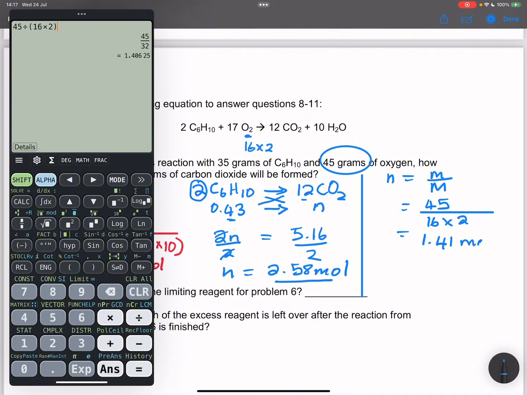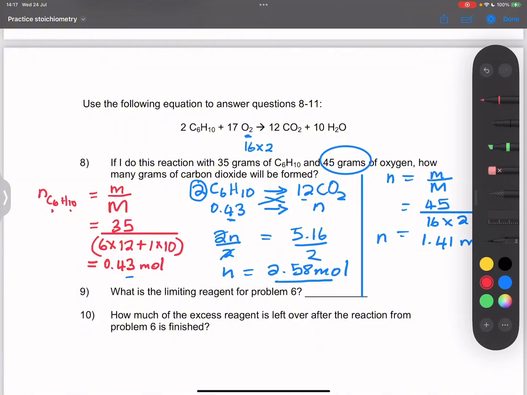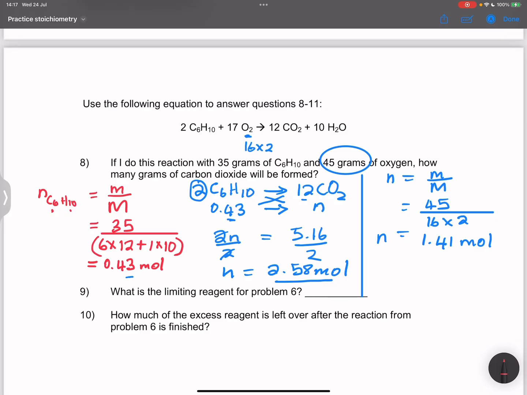Right. Now, with the number of moles of oxygen that we have, if oxygen was to be the limiting reagent, how many moles of carbon dioxide would we actually make? I'm going to do that again. Let me just use a different color. So assume that oxygen is the limiting reagent.